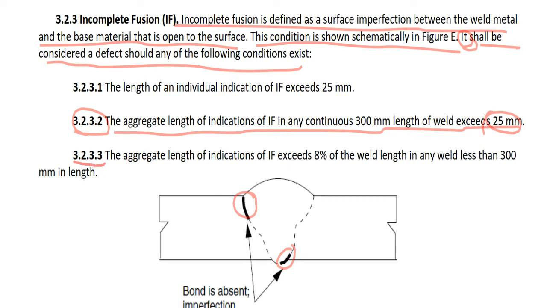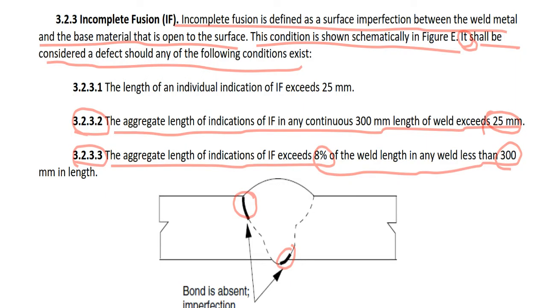And 3.2.3.3, the aggregate length of indication of IF exceeds 8% of weld length in any weld less than 300 mm. So this is 200 mm, and if the sum of the lengths of this IF exceeds 8%, which is 16 mm, then this is reject.